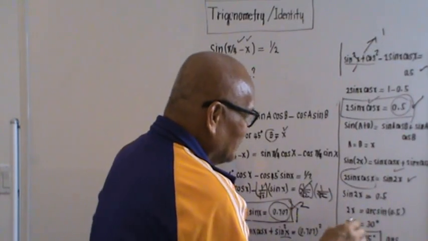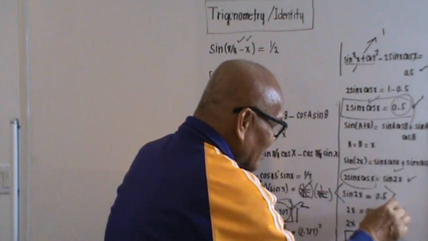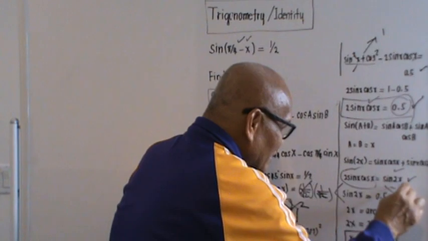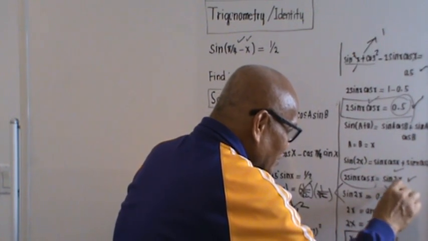So 2x now will be equal to, we will raise both sides to the negative 1. We are taking the arc sine, right?